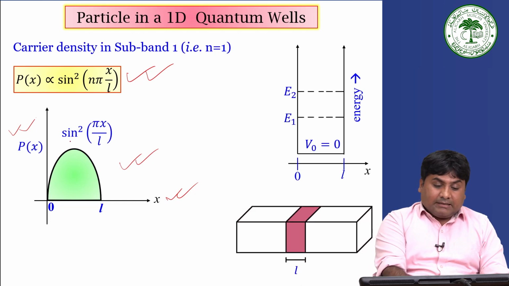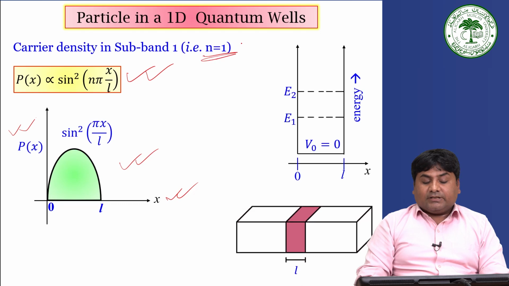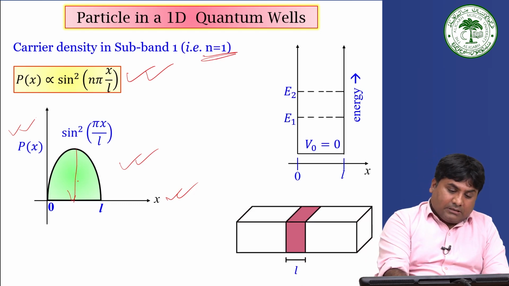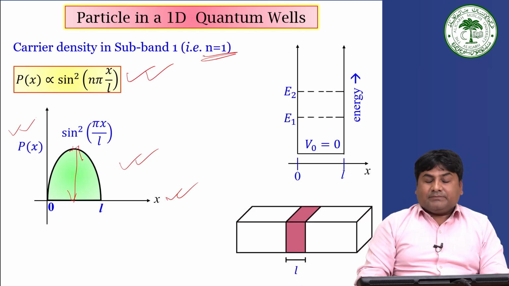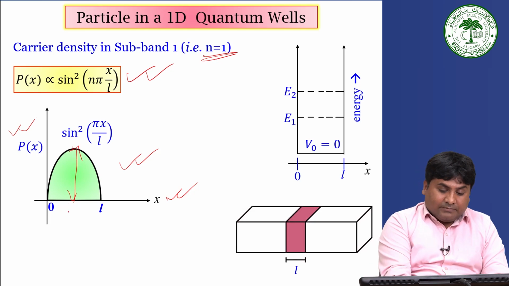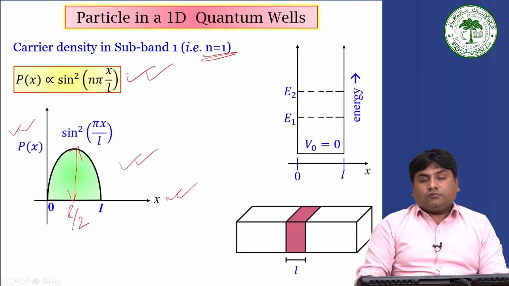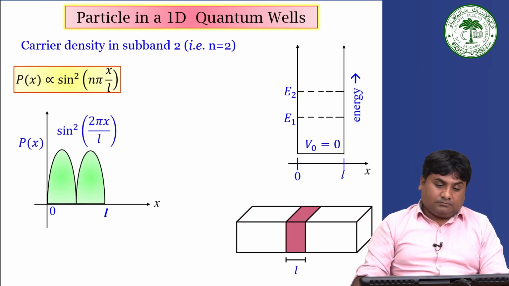This is when the subband is n equal to 1, that is sin square pi x by L. In the middle you will get the maximum probability of your particle or electron inside this quantum well, that means at length L by 2.